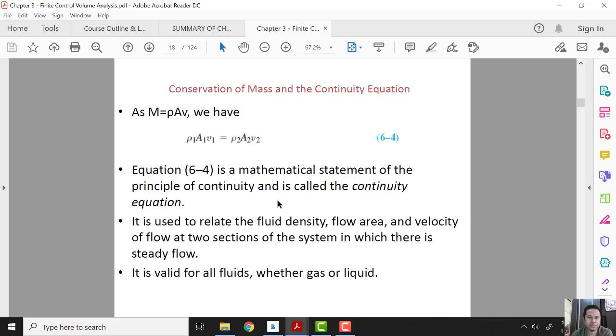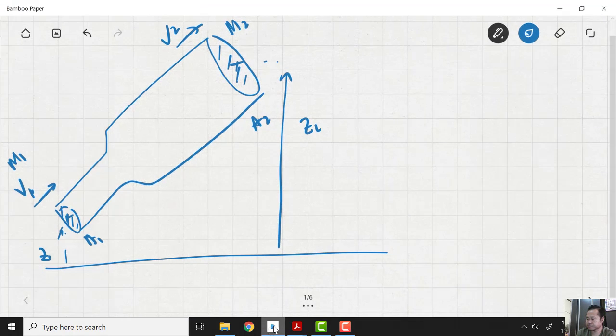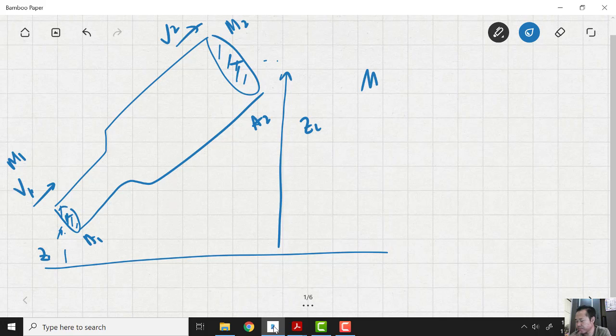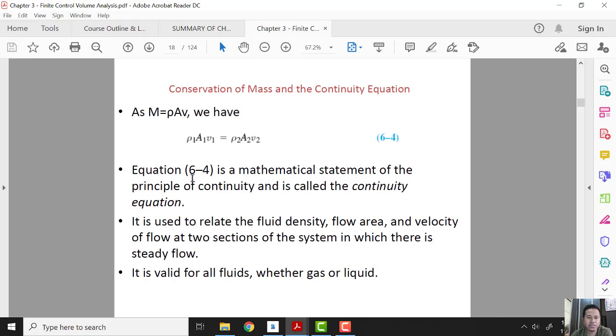Now, as we know, mass flow rate is equal to rho Q, or rho AV, because Q is equal to AV. This is equation 6.4.